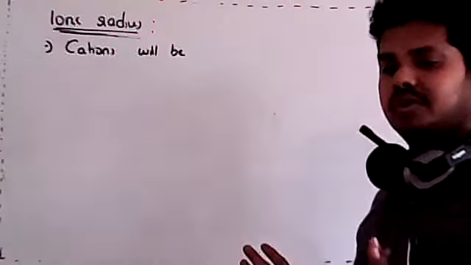So cations will be smaller in size. You can underline that it is smaller in size. Now you can write why. You can get this question: why will the cations be smaller in size?